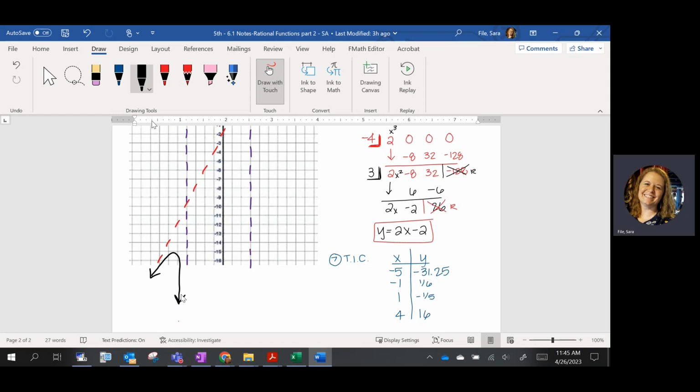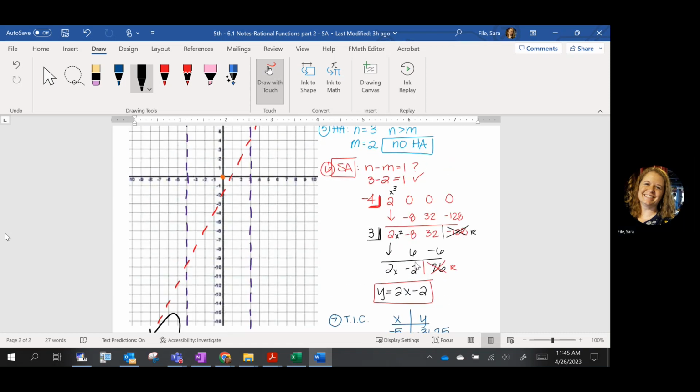Okay. Now the other point, so -116. And so that's just above the x-axis here. And then at +1, -1/5. So that's just below the x-axis here. And then at 416.